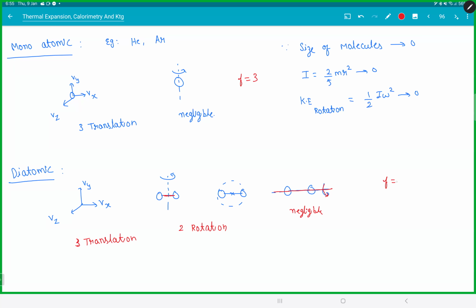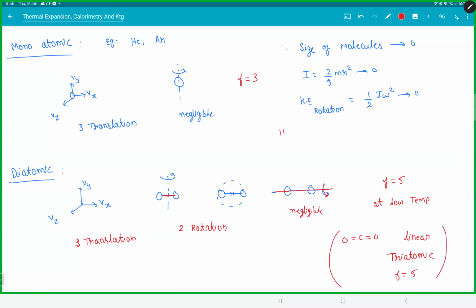So for diatomic, F is 5 at low temperature. This is also the same for CO2. Even though CO2 is triatomic, its molecular structure behaves like diatomic. CO2 also has F equal to 5 because it can't rotate in any other plane. It's a linear molecule. So linear triatomic molecules are similar to diatomic. Also F is equal to 5.